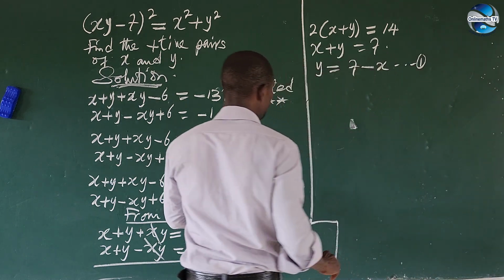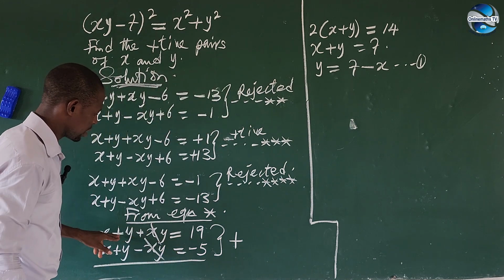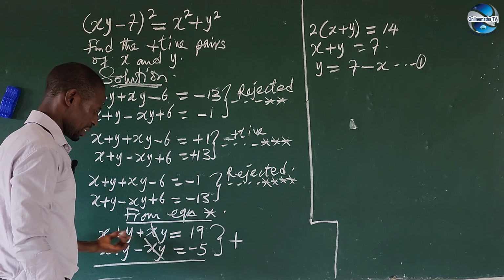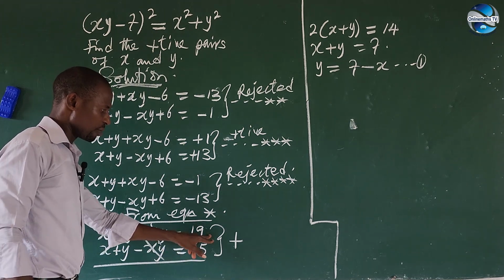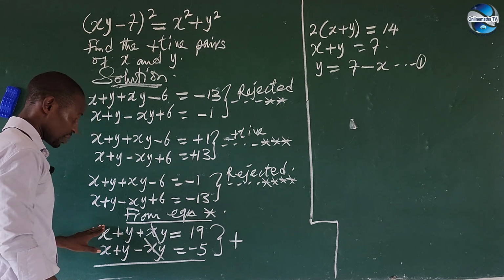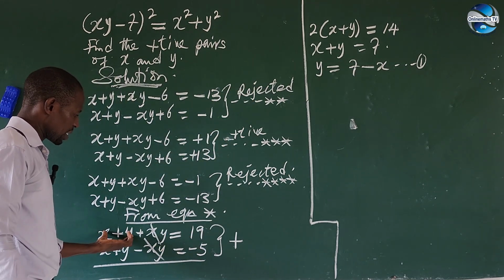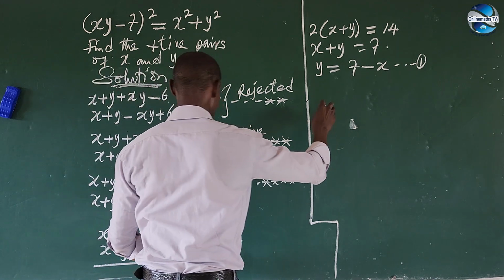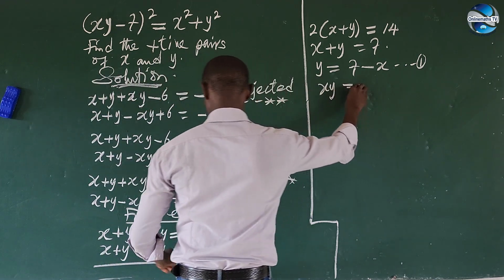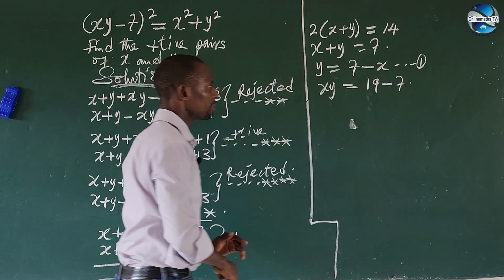All right. So what we do from this, look at the first expression here. We can put in this value into this place here. Okay, so from equation 1, based on this part here, we can substitute 7 into this place here. So this now becomes xy is equal to 19, then minus 7.